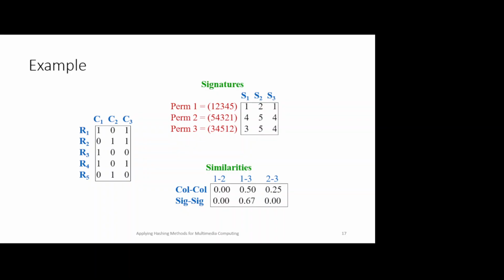So we follow this idea to generate the signature, the mean hash signature, in this simple case. Using some hash function computation, we generate the mean hash signature for each document, and we want to compute their similarity.